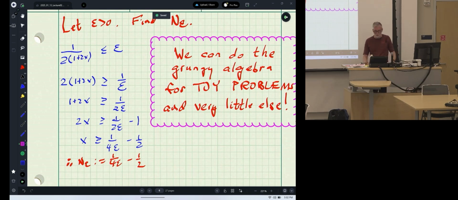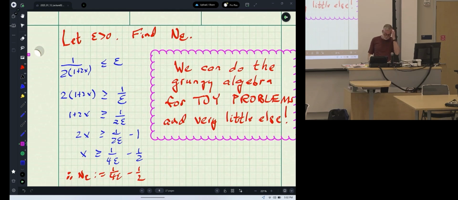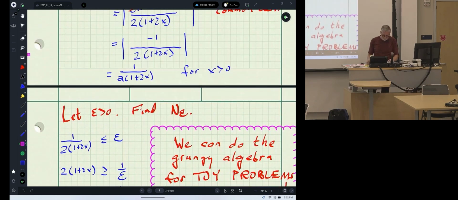So the definition is wonderful. It tells us really what we're after. We're after a level of precision and then an estimate on how far we have to push x out to achieve that level of precision.